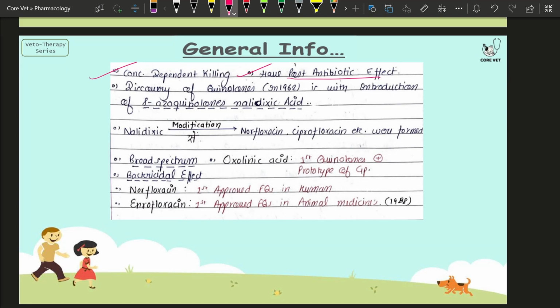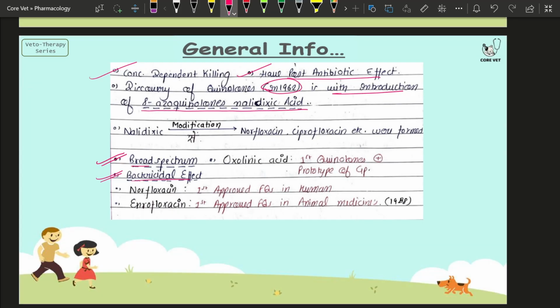We also discussed, while we were discussing the spectrum in the classification, that the quinolones come under the broad spectrum drugs, right? And they show the bactericidal effect. If we talk about the discovery of these quinolones, they were discovered in 1962 with the introduction of the 8-azoquinolone nalidixic acid.